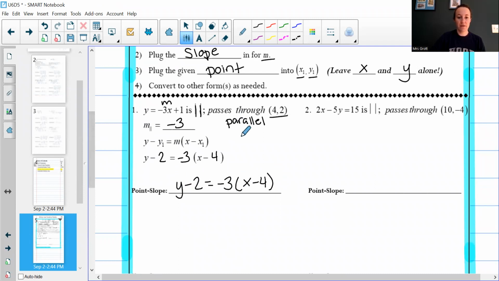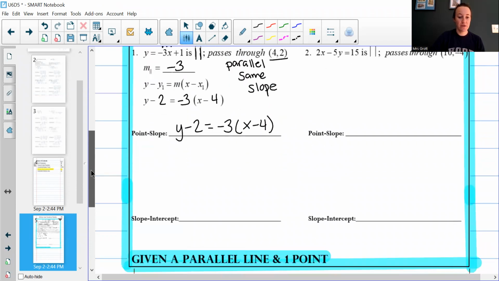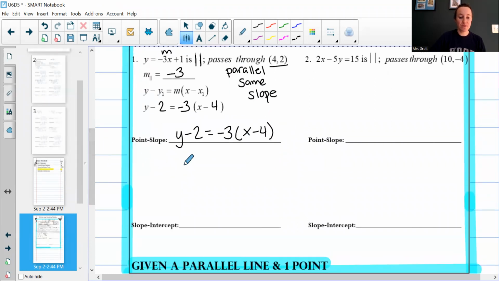Okay, parallel, again, means that we want the same slope. Practicing that converting still. So to get that into slope-intercept form, remember slope-intercept form is y equals mx plus b. So you all are getting pretty good at this.